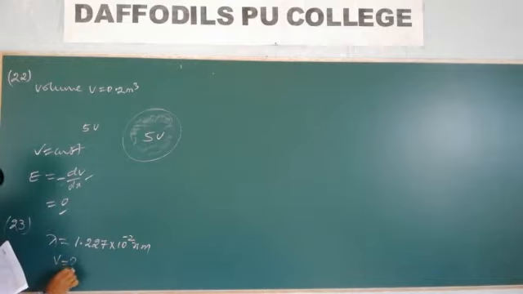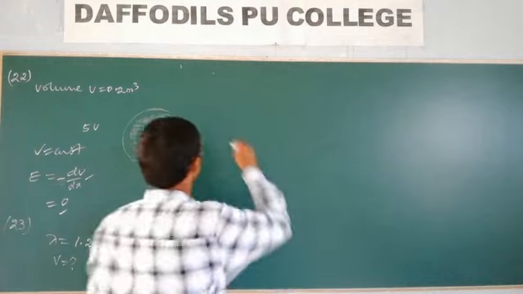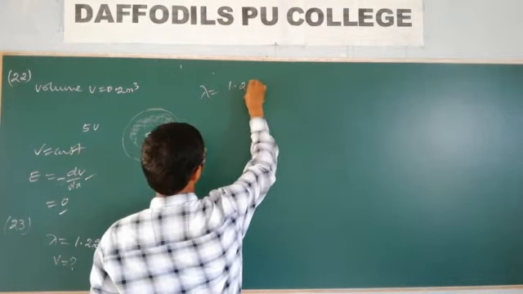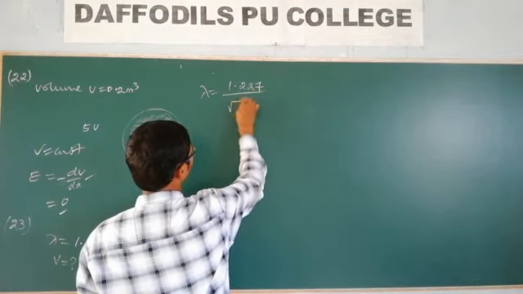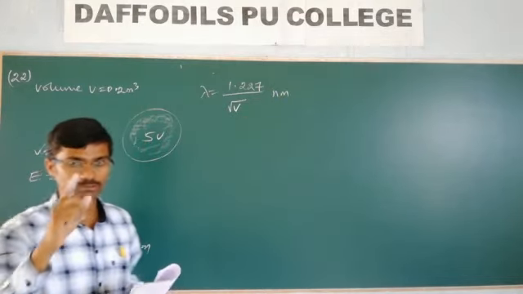Let me write the given de Broglie wavelength as 1.227 into 10 power minus 2 nanometer, and this is for electron only.